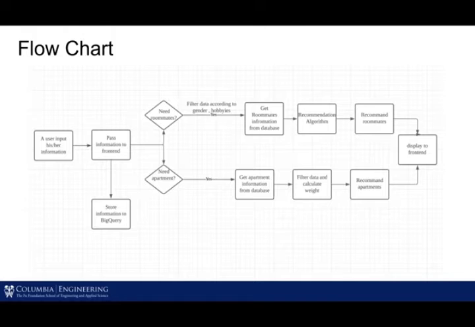If the user wants us to recommend apartments, then we will get apartment information from the database, filter data, calculate weights, and then recommend apartments. The results will be displayed on the front end. Also, the user information will be stored into the database.